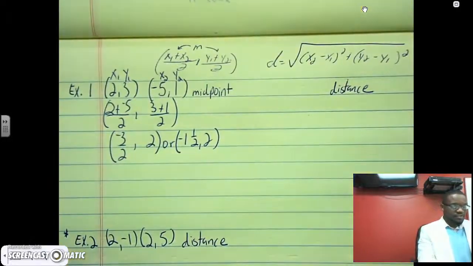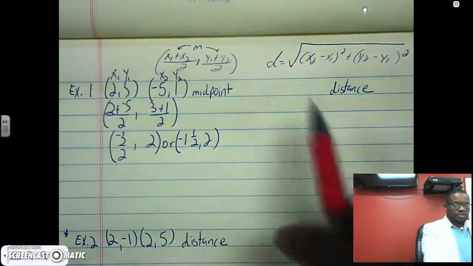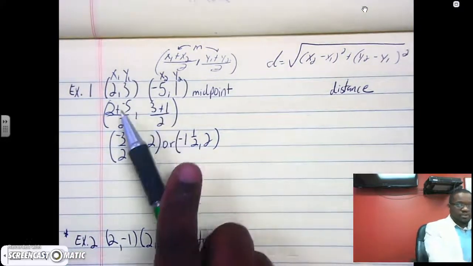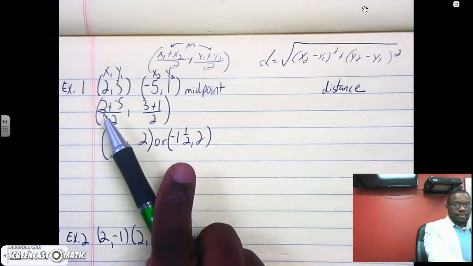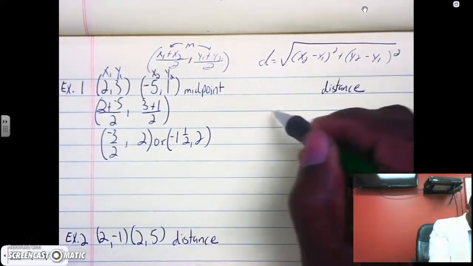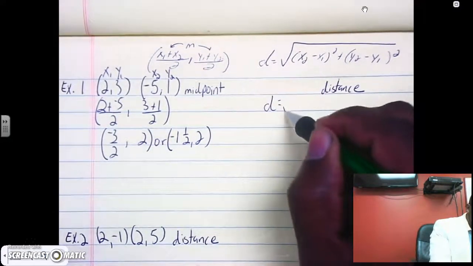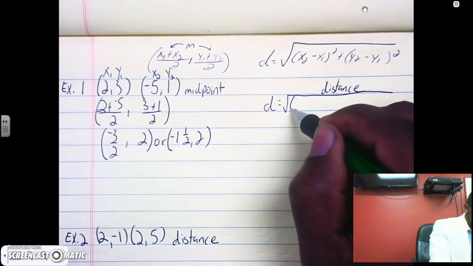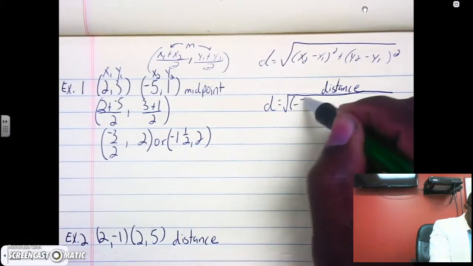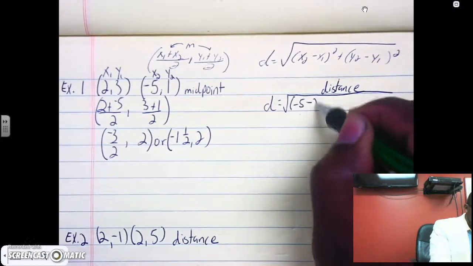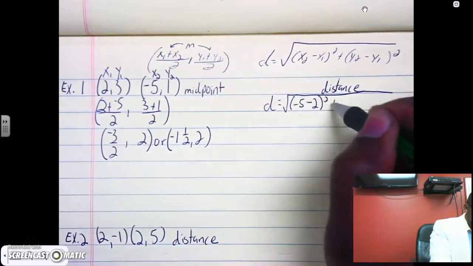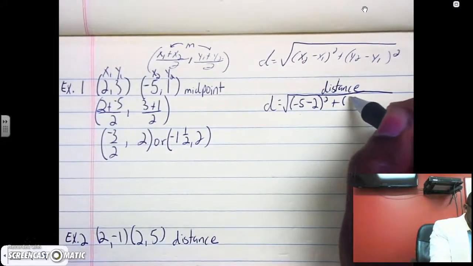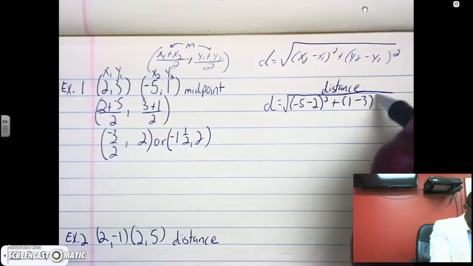The distance is using this formula here. And so, again, I'm going to use those same points. And so I'm going to use d for distance equals the square root of negative 5 minus 2 squared plus 1 minus 3 squared.